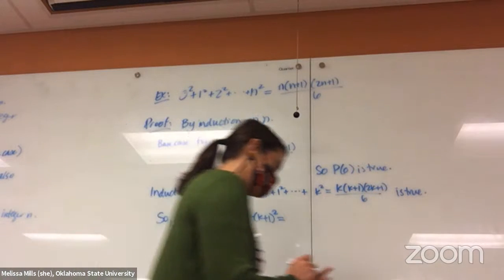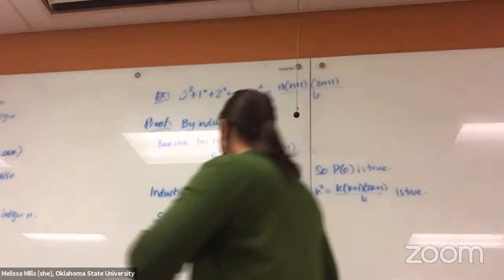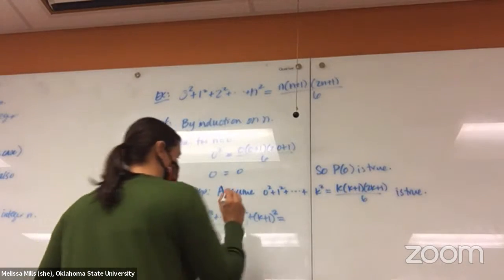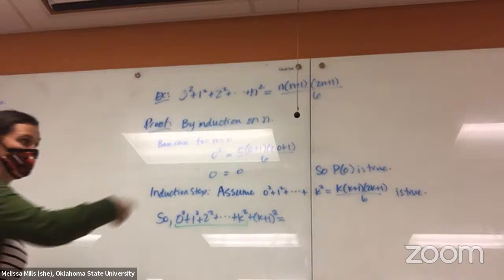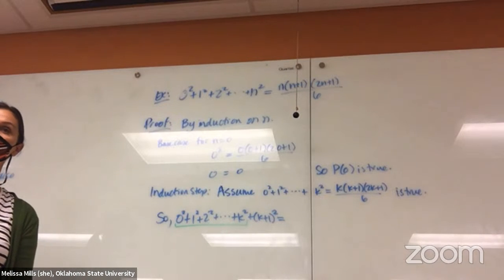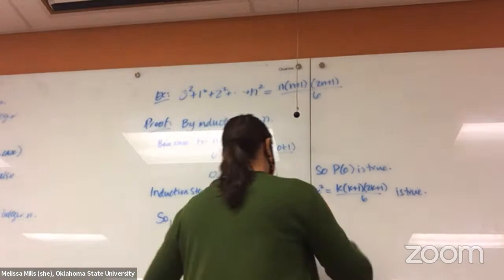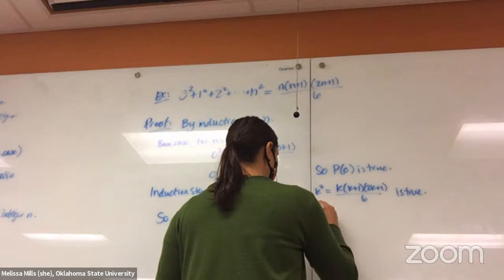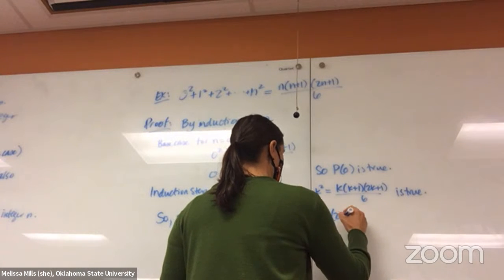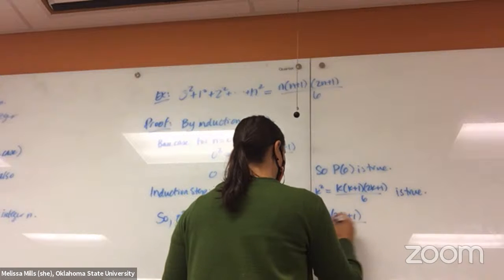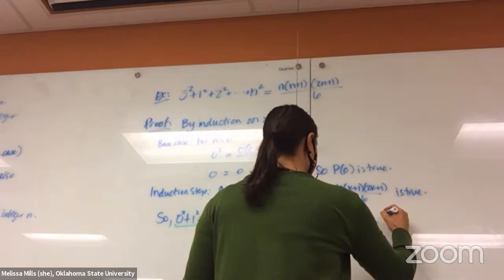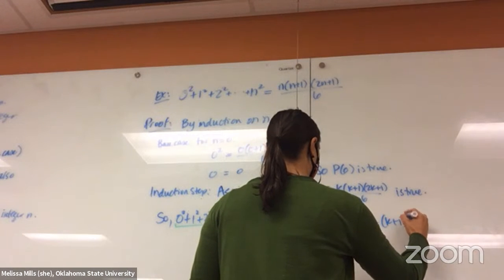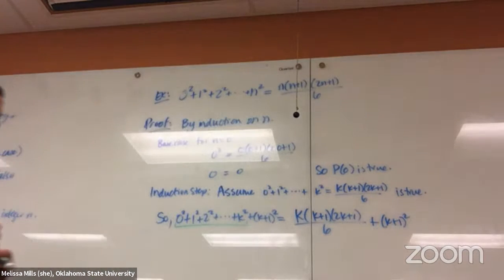I can replace this first part with what I know it's equal to. So I get k times (k+1) times (2k+1), all over 6, plus (k+1) squared.